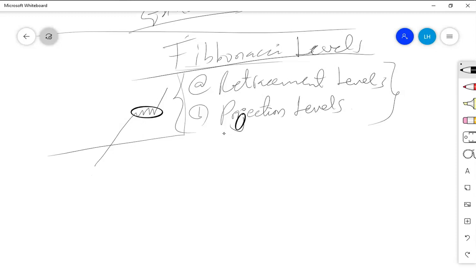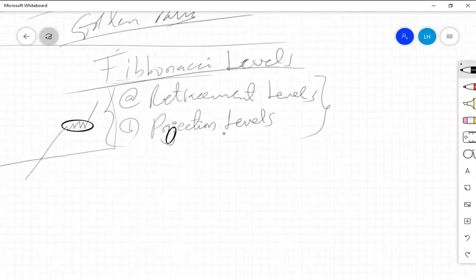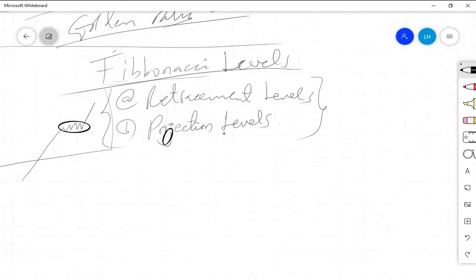Now, what are those levels actually in terms of numbers? Fibonacci levels are identified in terms of numbers. They differ depending on whether it is a retracement level or a projection level. The most common retracement levels include 50% retracement, then 61.8%, and we can have 78 or anything else.